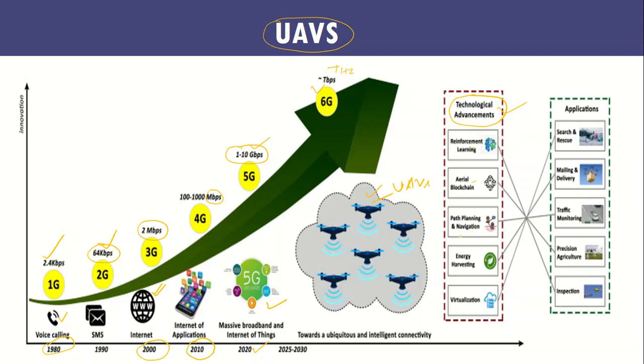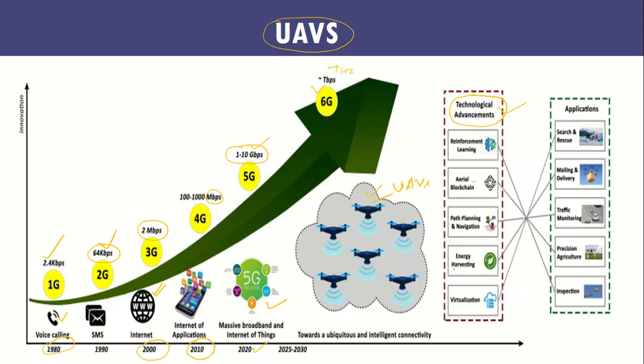Path planning and navigation provides the instructions or calculations about how navigation and path planning are formed. The fourth is energy harvesting, how we can harvest the energy.